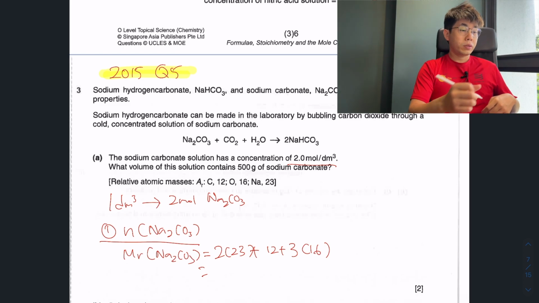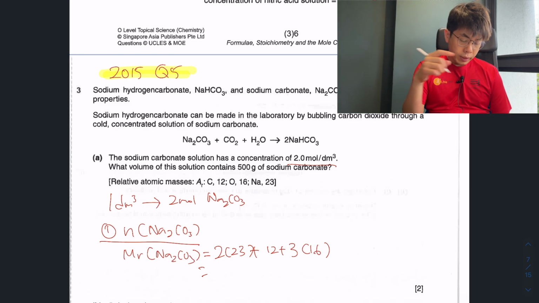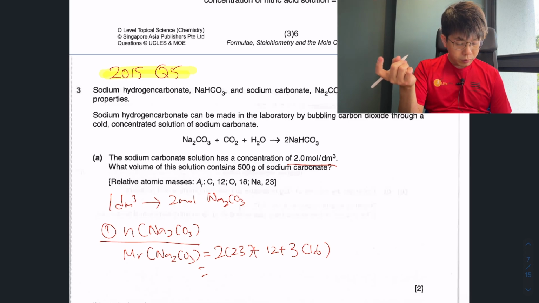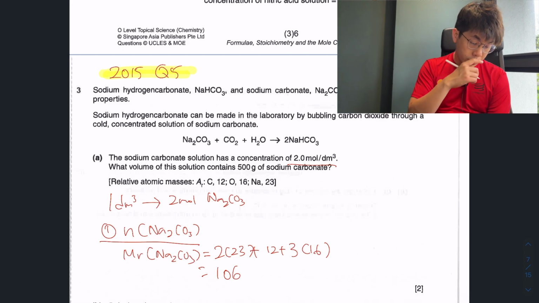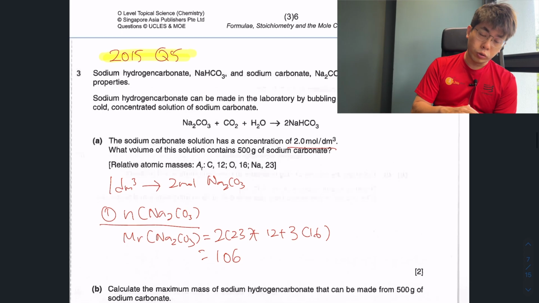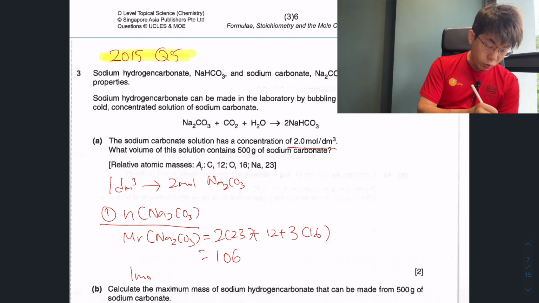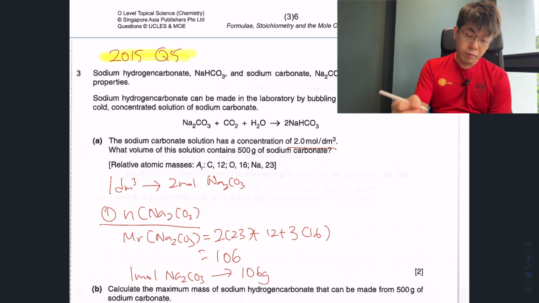You type that into your calculator, and then you should get about 106. So over here you have 106, and 106 for molar mass means that 1 mole of sodium carbonate is equivalent to 106 grams.